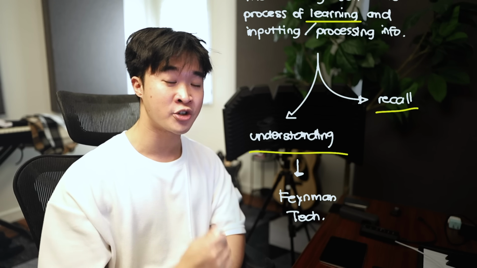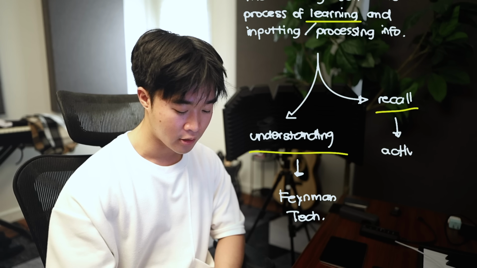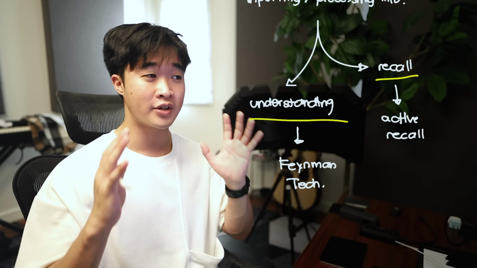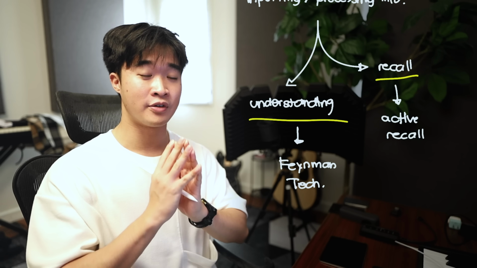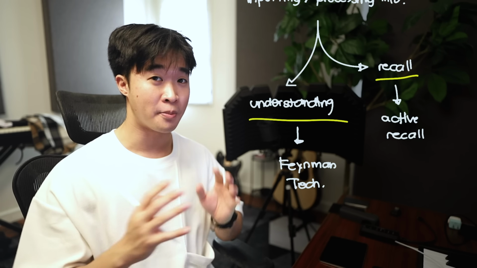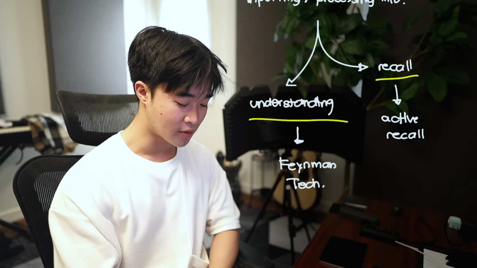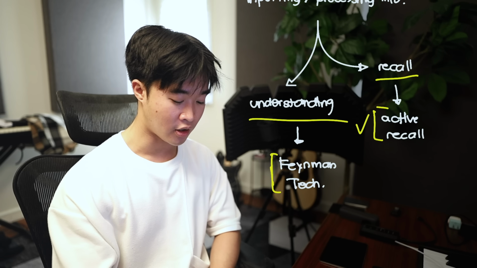And in order to train your recall, all you have to do is practice active recall. So in order to master this component, all you have to do is apply the Feynman technique and the active recall method.